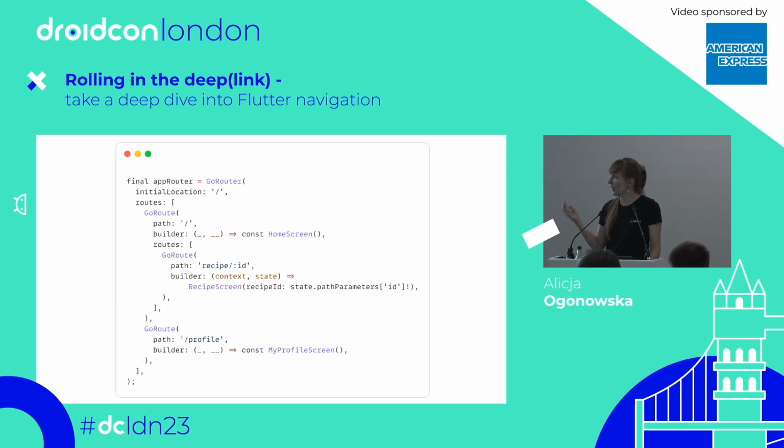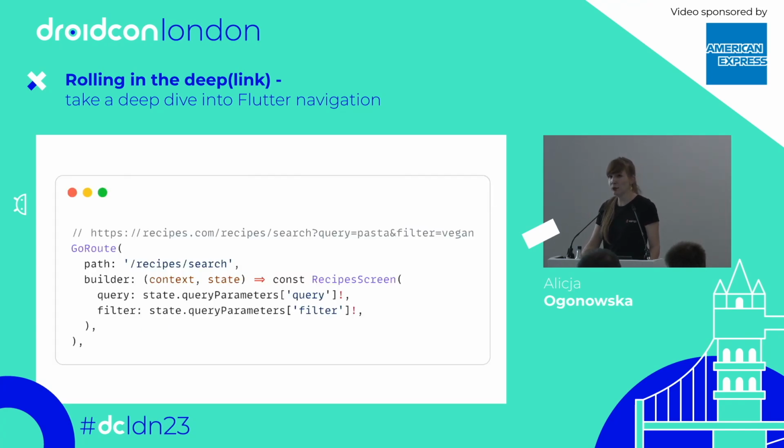And in such a case, this syntax recipe slash ID, this means that I expect some kind of dynamic ID that is a path parameter, and you can just extract it from the state. And also there is another route that is just a profile, and this is not connected to home. So a thing that is worth noting that if you will navigate to slash recipe slash some ID, you will have in your navigation stack both the home screen and then the recipe screen.